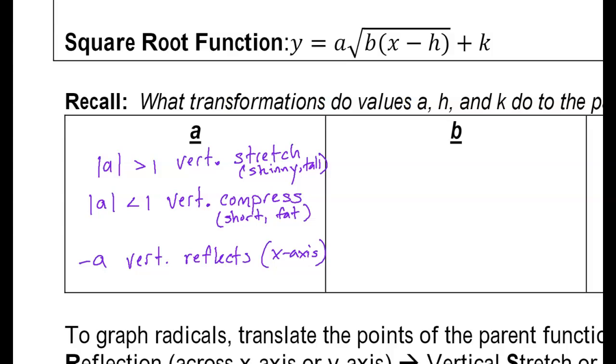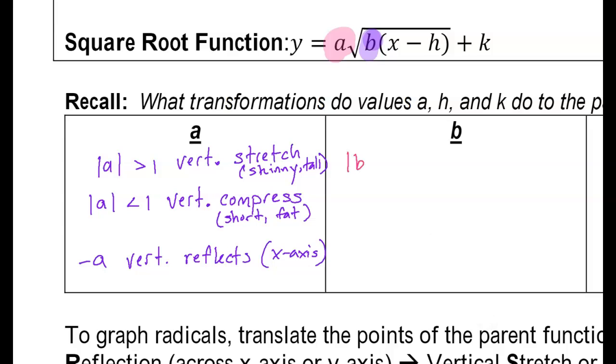What does b do? So just now we talked about a. Now we're talking about b. Instead of it being a vertical stretch and compression, what is it? Horizontal. And everything inside of our function is always backwards.